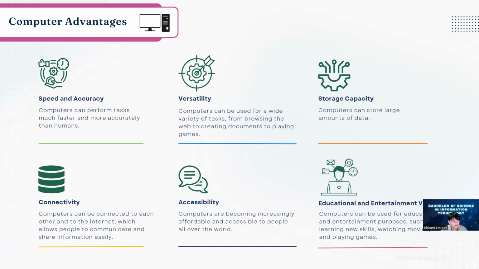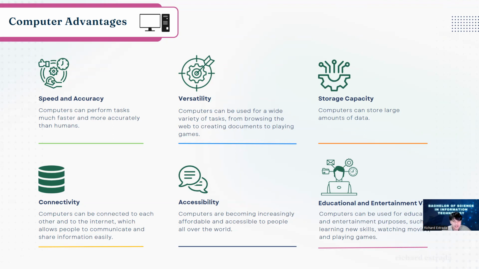Of course, for the computer advantages, we all know this now: speed and accuracy. Computers can perform tasks much faster and more accurately than humans. As humans, we are prone to errors, and we cannot multitask, no? But computers can perform tasks faster than us and do things more accurately than humans.